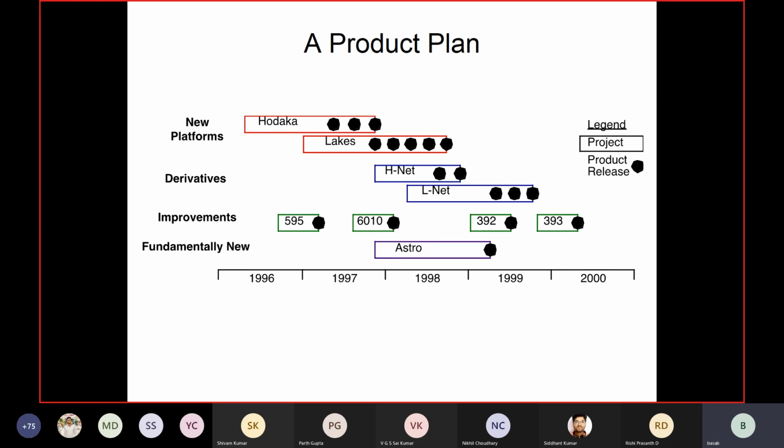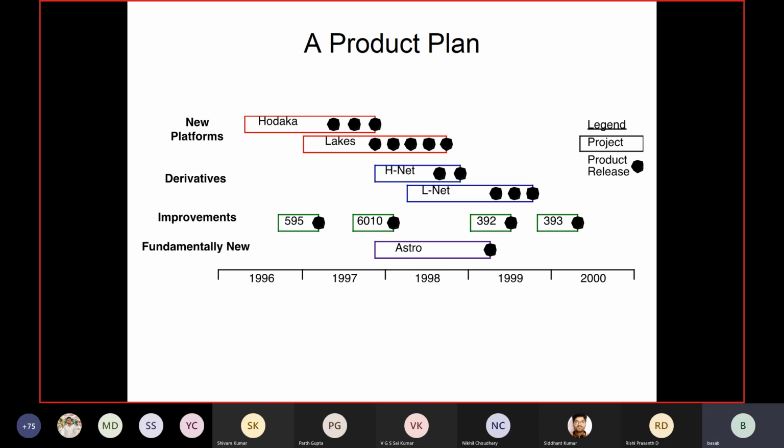You can update it, because if you are trying to launch something which you see that a competitor has already launched, then you need to revise your product. Definitely, you will not be launching the same product. You'll be trying to give some other features in the product which will have an edge over your competitor's product.